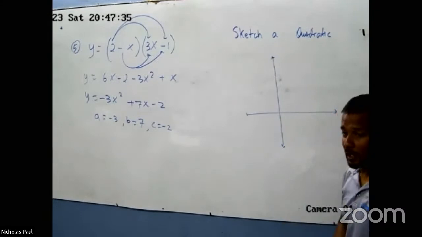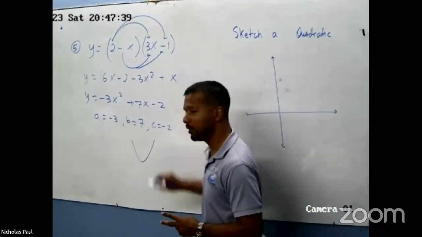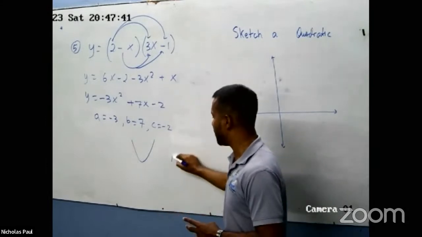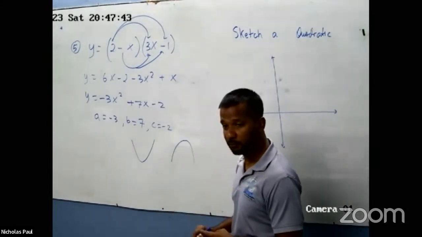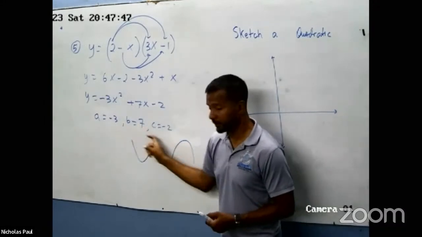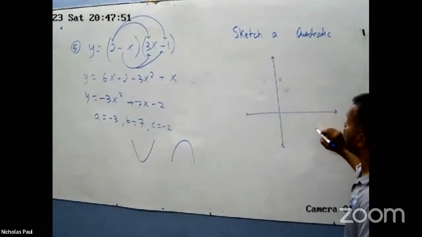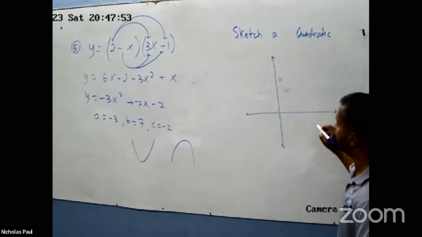The quadratic has two shapes. It has the bowl shape and the upside down bowl shape. We need to be able to sketch this. To sketch it, we need a few things.